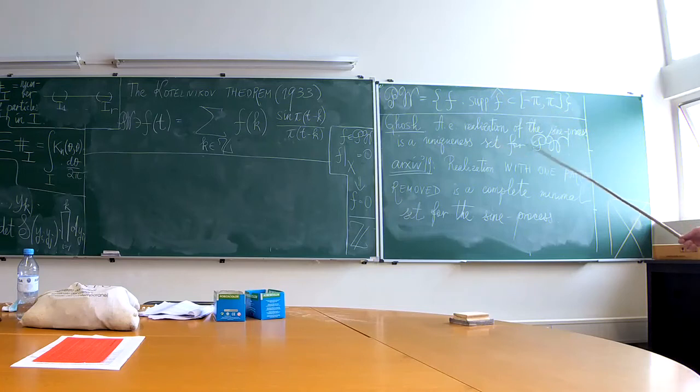Excuse me, when it says realization in almost every subset according to this measure, to put it formally, it means that the set of those subsets which with one particle removed become complete and minimal is a set of full measure.